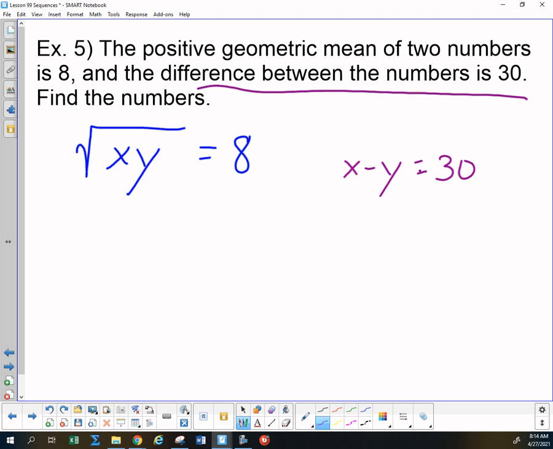So now I have a system, two equations, same two variables. What should I do to solve my system for x and y? What are your choices when you've got a system, and which one makes the most sense here? Michelle, what do you think? How do you want to solve that system? Root xy equals 8, x minus y is 30. It's a system of equations. Are you going to do elimination?